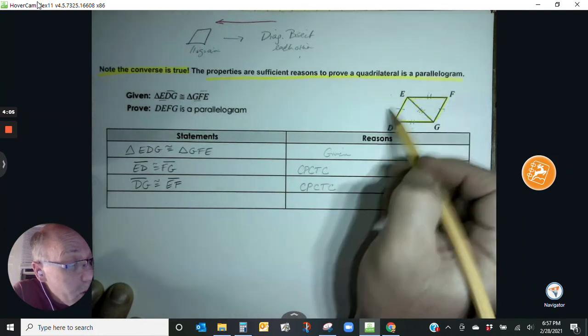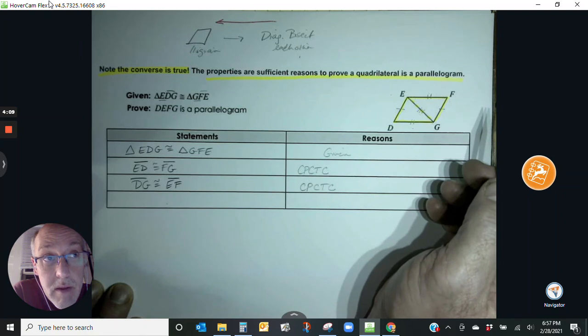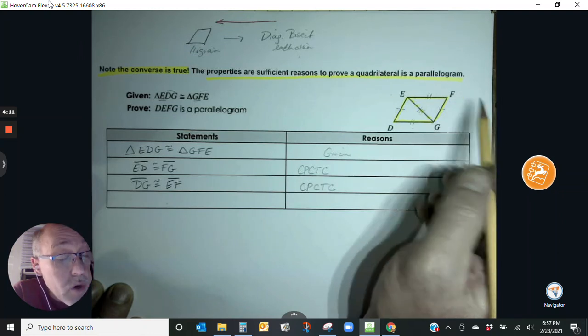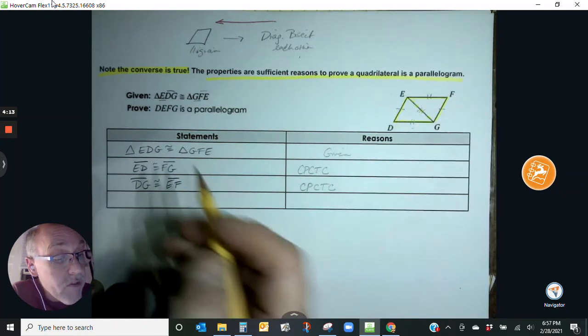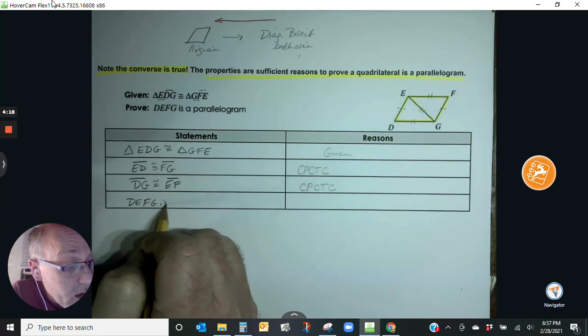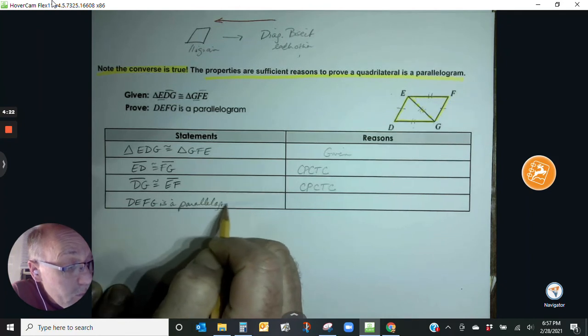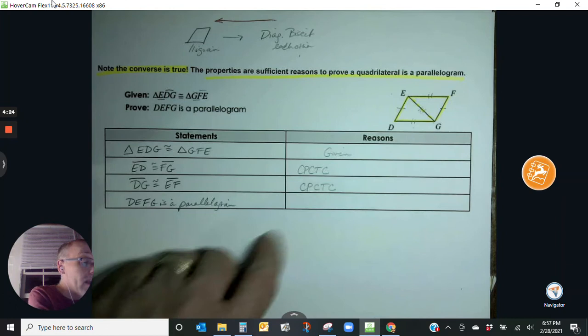And those are both pairs of corresponding sides, or two pairs of corresponding sides. And so therefore we have that DEFG is a parallelogram. And why is that?